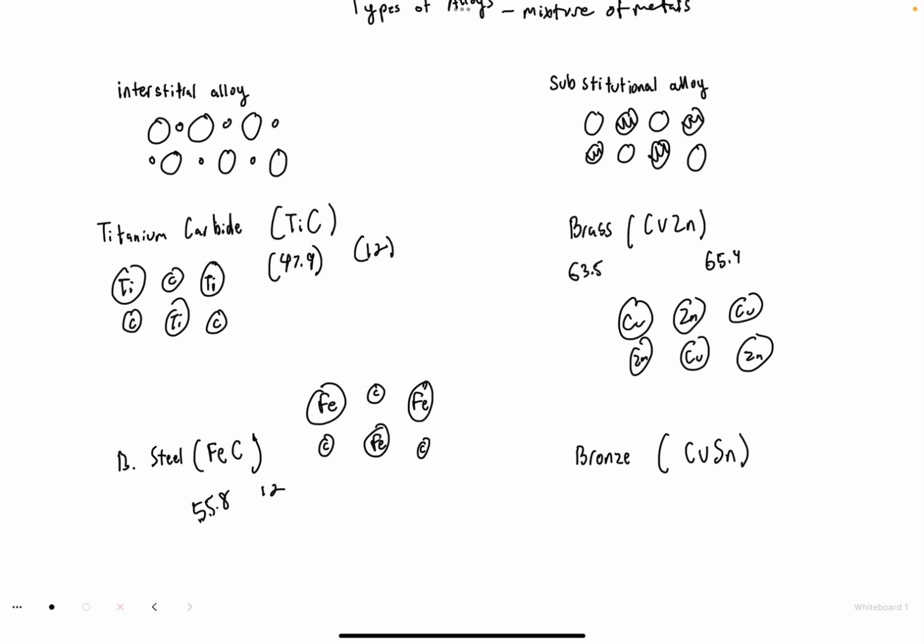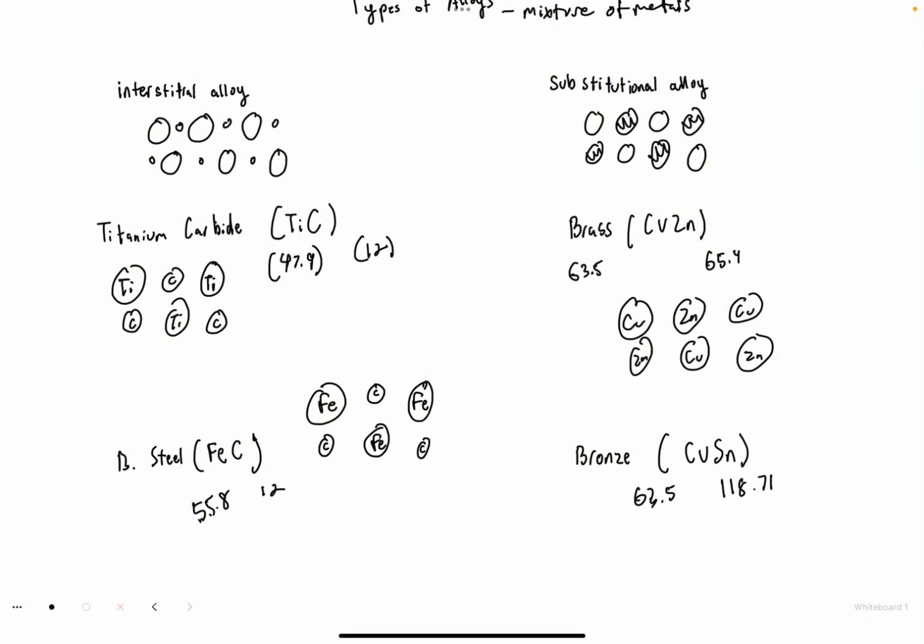And then last but not least, bronze. So again, copper is 63.5, around there. And we have tin, not zinc, tin. And tin is around 118.71.